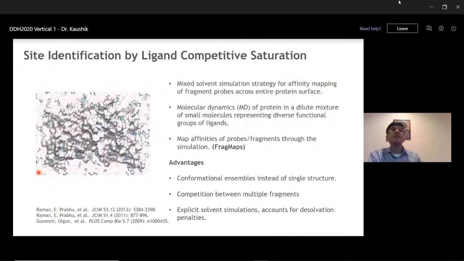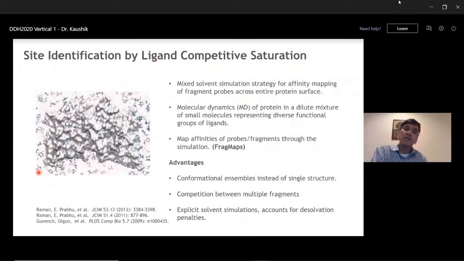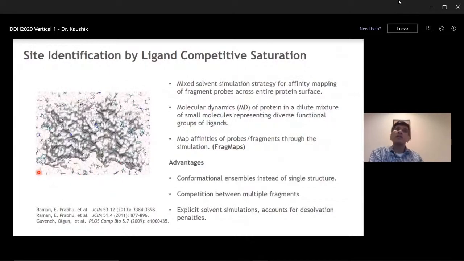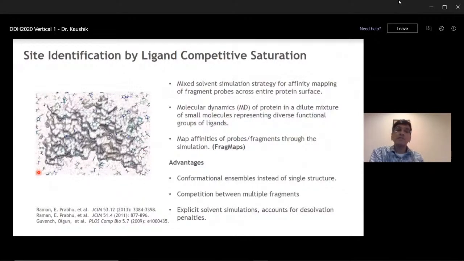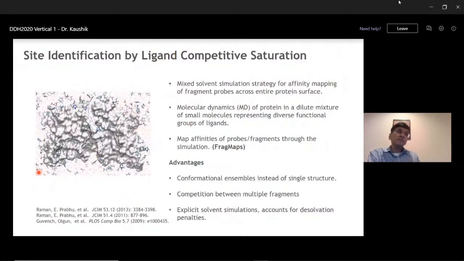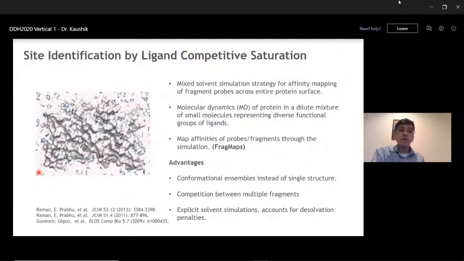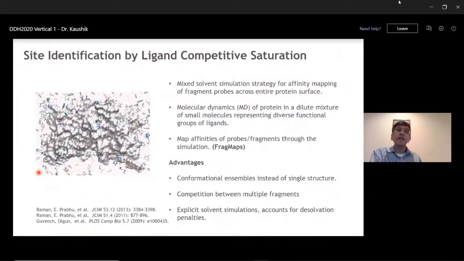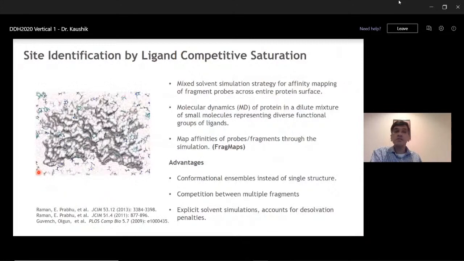So for instance, you could have benzenes representing aromatic functional groups in the ligand. You could have propanes representing aliphatic functional groups in the ligand. You could consider different types of hydrogen bond donors and acceptors in the form of formaldehyde, methanols, imidazoles, and so on.